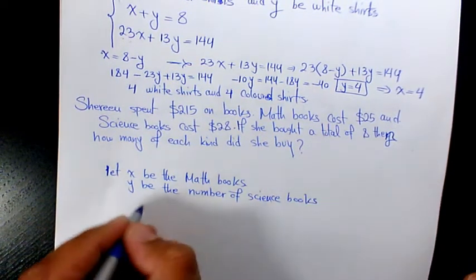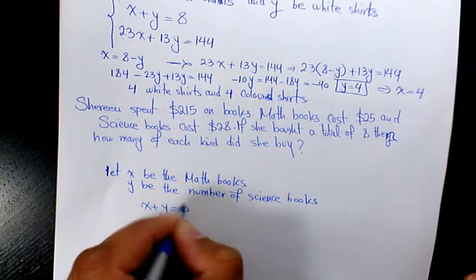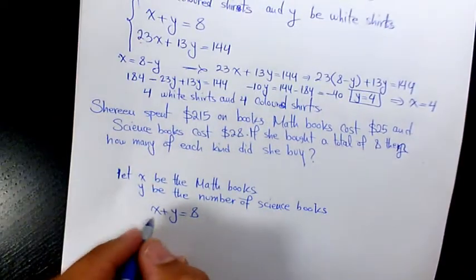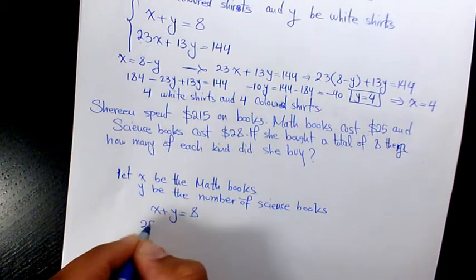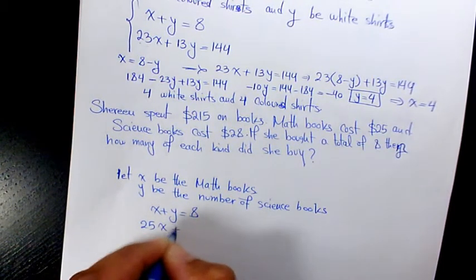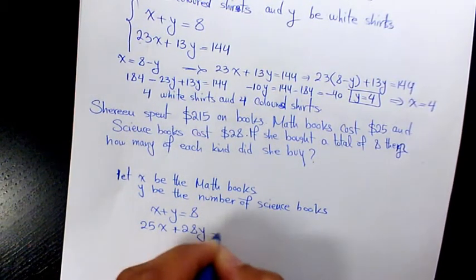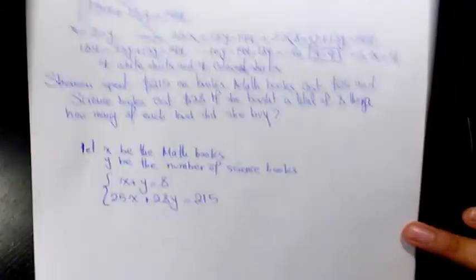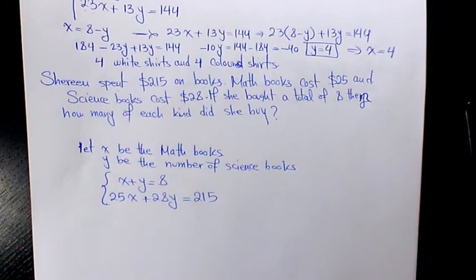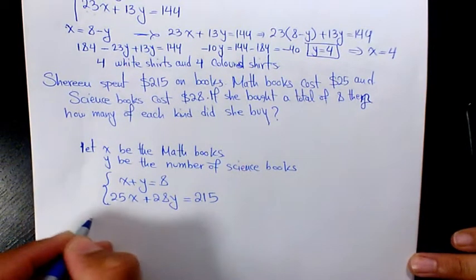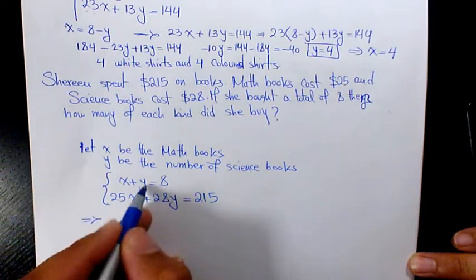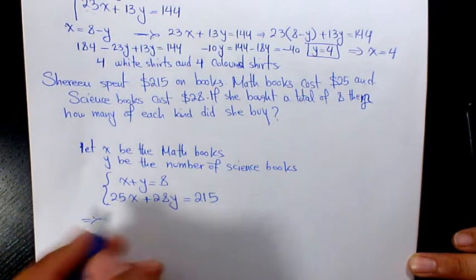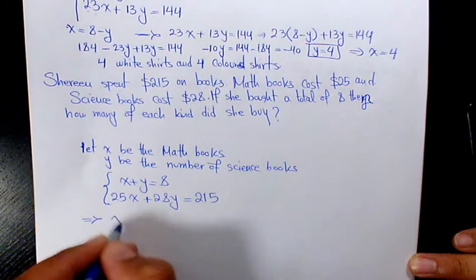Then x plus y is 8, and math books cost 25, so 25x plus 28y equals 215. Again, I prefer to use the substitution method. I'm going to say y equals 8 minus x, or x equals 8 minus y, doesn't matter.